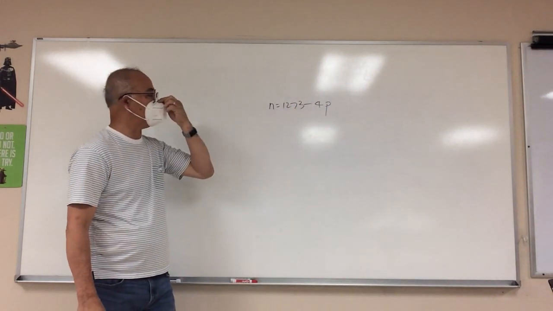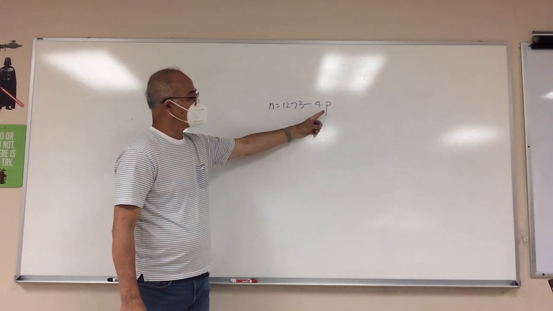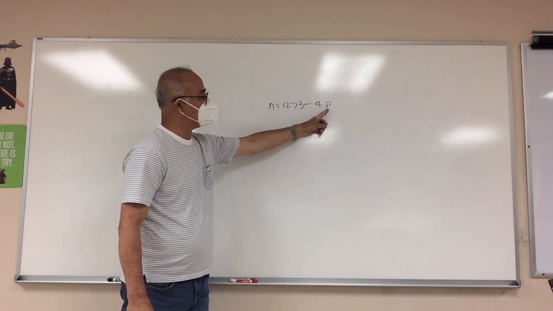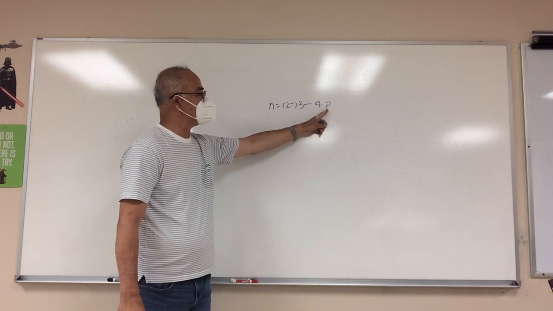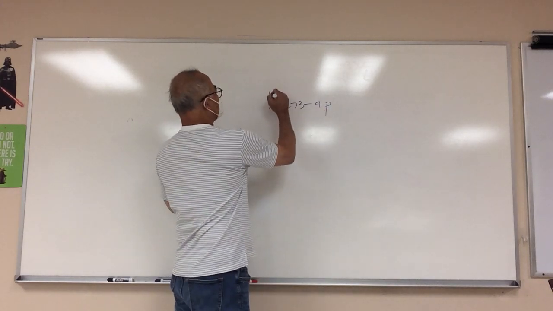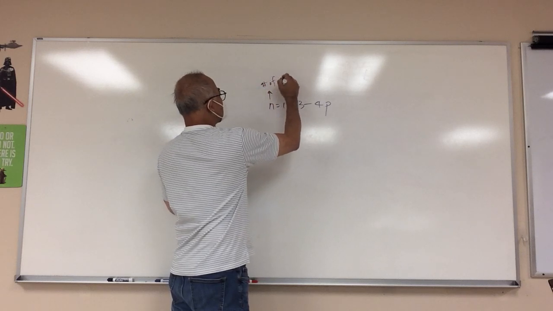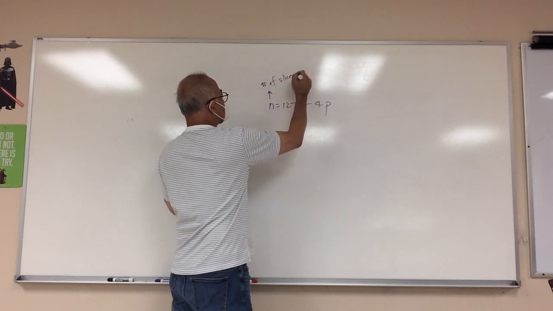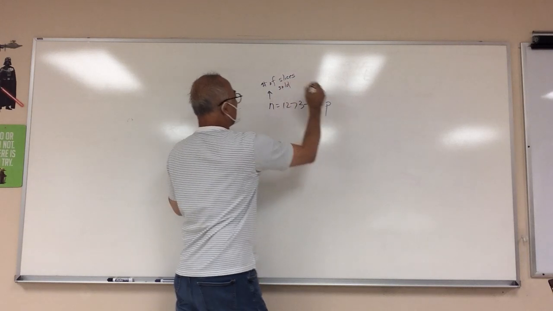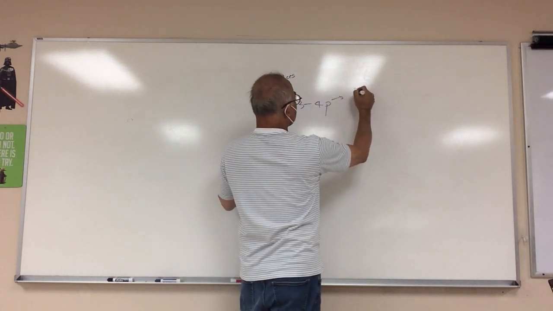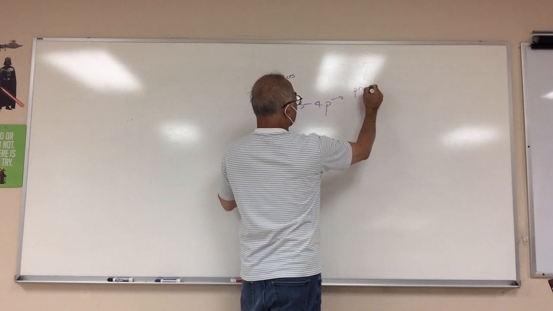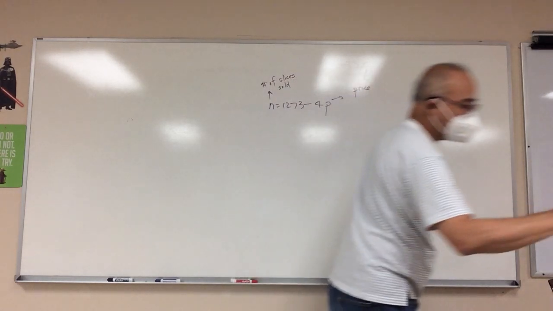So let's see what's happening here. This is the number of slices sold, and this here is the what?